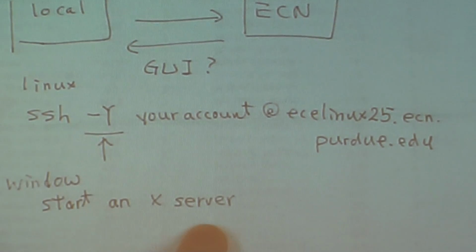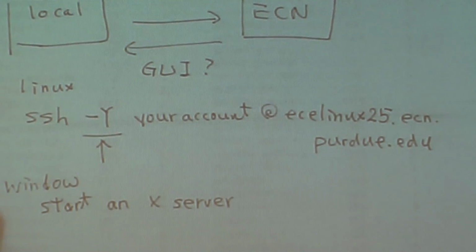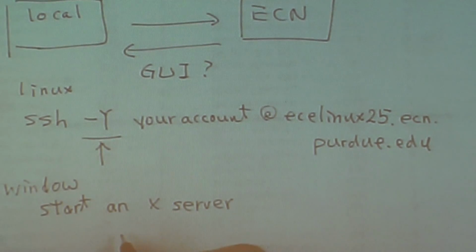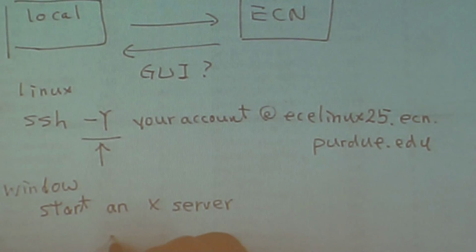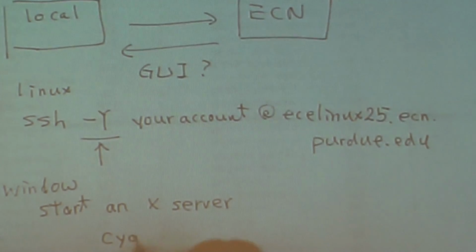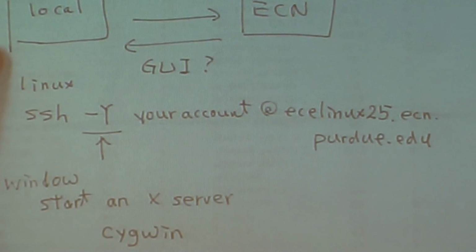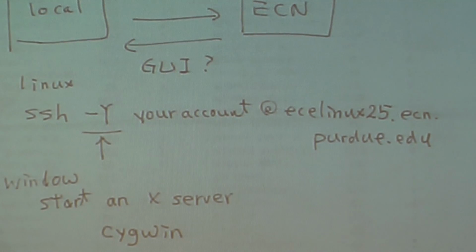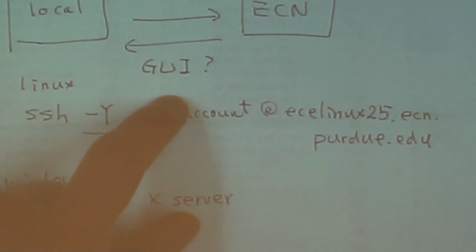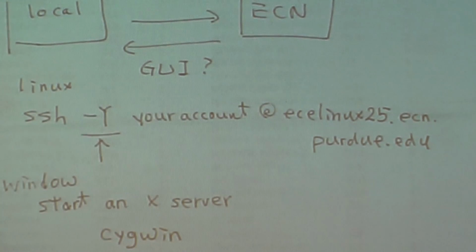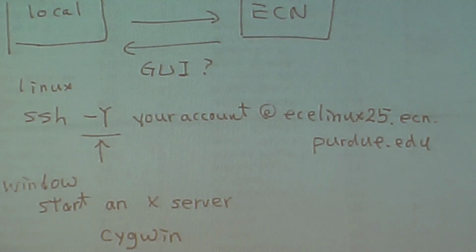You have to start an X server on Windows. You can search online. One way is to use Cygwin X server. That way, you can have a window coming back to your local machine. Otherwise, with Secure CRT, that window is the only window you can use. Okay.